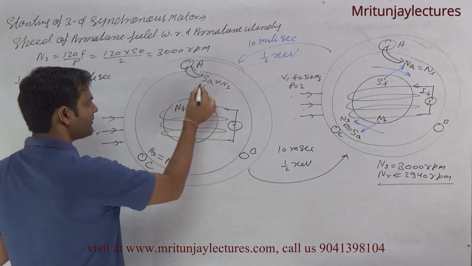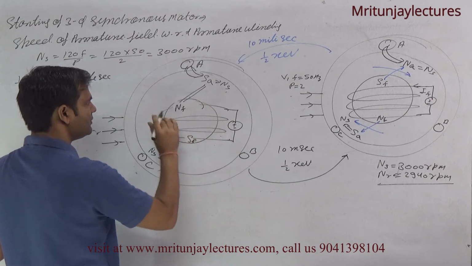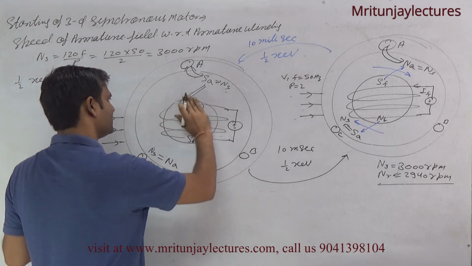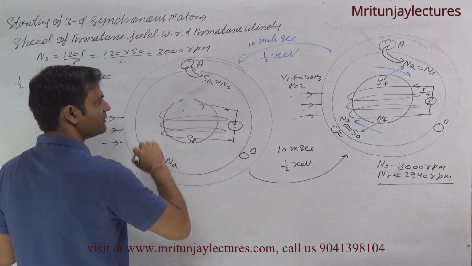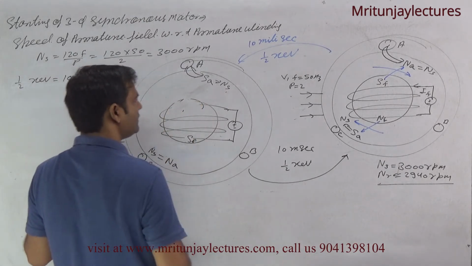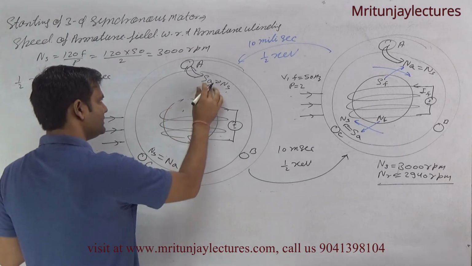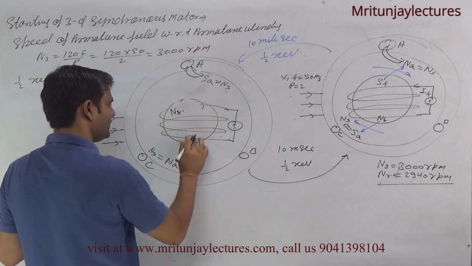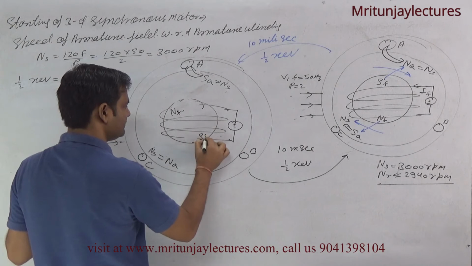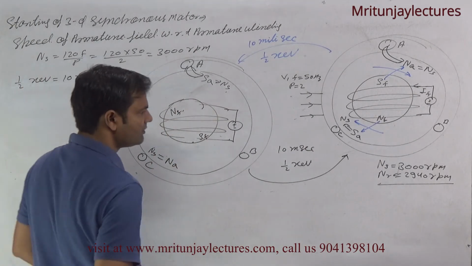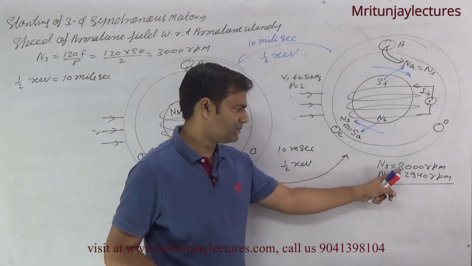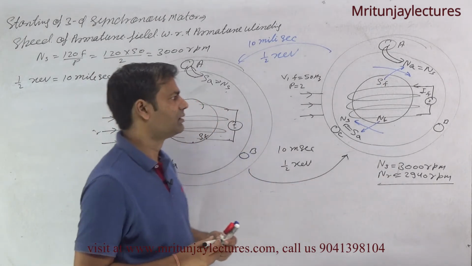Or you can say that here there is some distance, that is NF and that is SF. Clear? Some distance corresponding to here because of speed like this one.